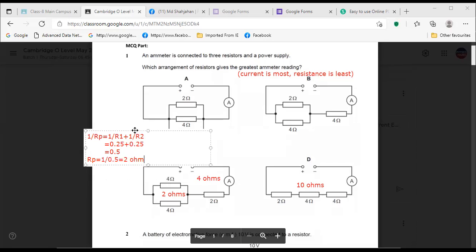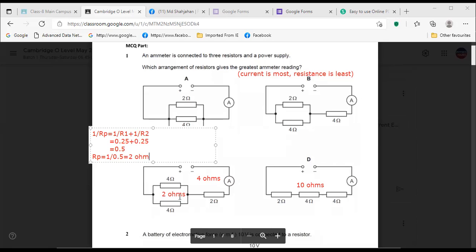Yes, sir. That's coming from the calculation, but we also teach you some trick to make your calculation easier. You should know some tricks, right? So what is the trick? Trick is, if two resistors are identical and they are in parallel, then their combined resistance will be half of a single resistor.